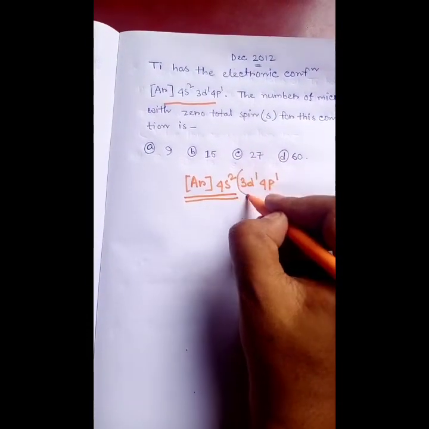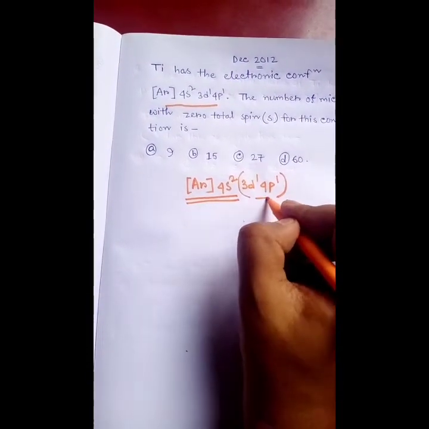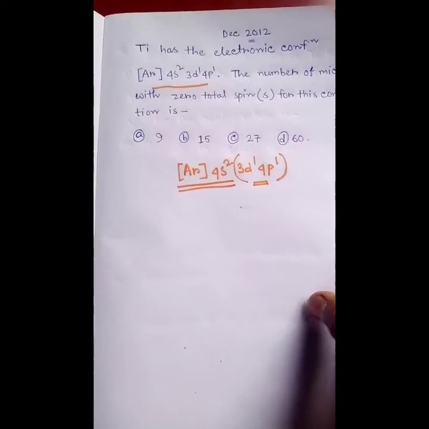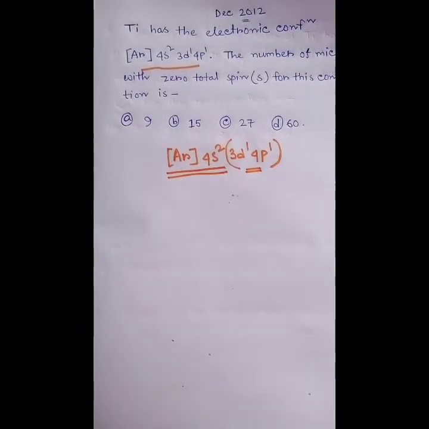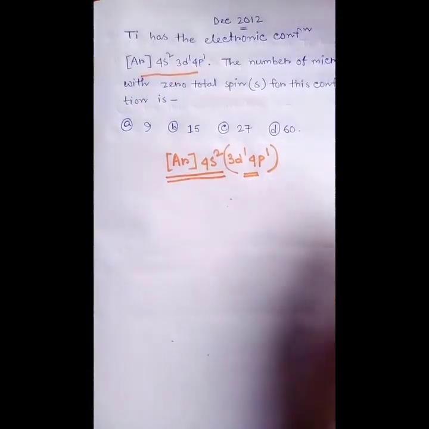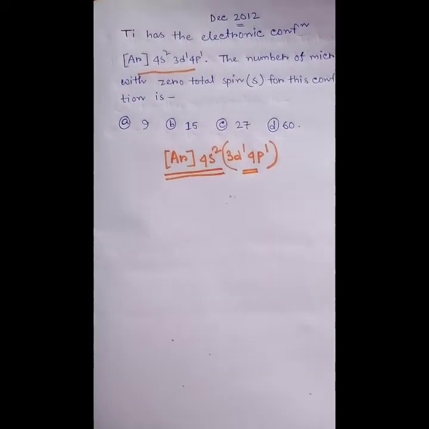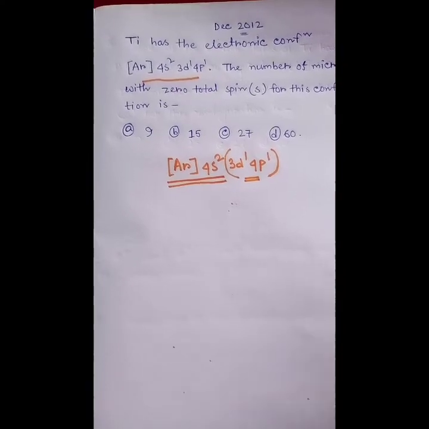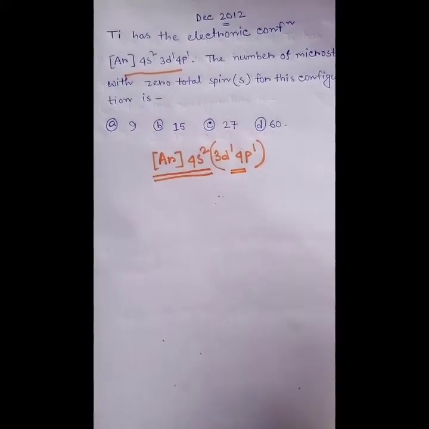Only you have to consider this portion because it is not filled. So keep that in mind: whenever this kind of configuration is there, you only need to think about the portion that is not filled. So this thing is understood. You can understand this thing later.